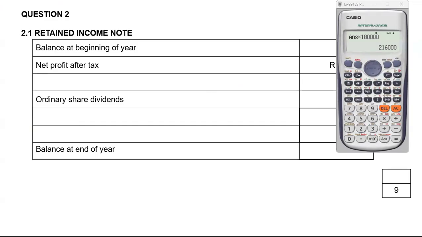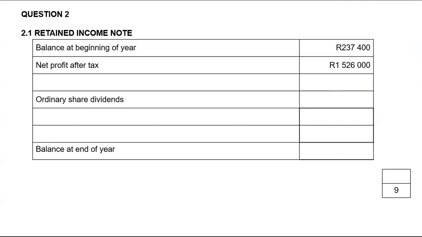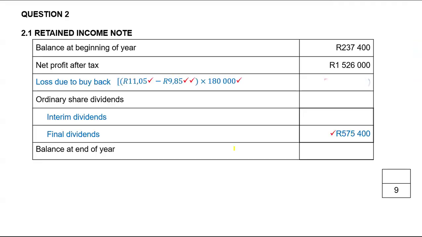You put it with brackets, people, with brackets. So basically, when I write it down, I will simply say 11,05 minus 9,85 multiplied by 180. It will simply give me 216,000. You put it with brackets.